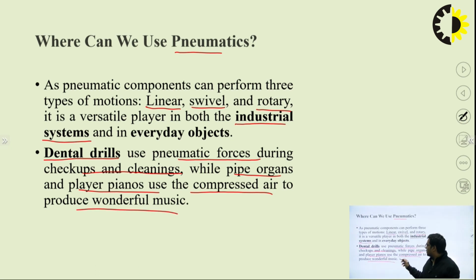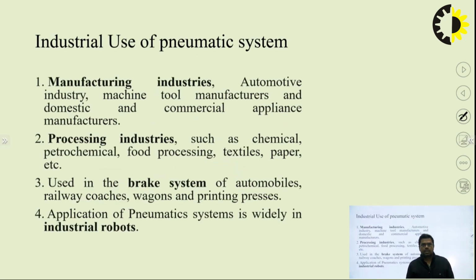So these are the two operations, one for music, and another for the cleaning of dental teeth. We can use a pneumatic system in day to day use. But the pneumatic system can also provide very high forces.